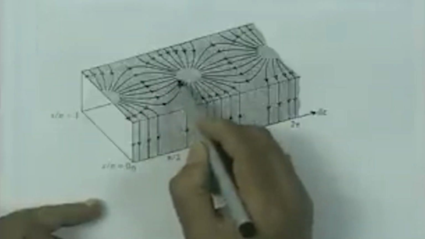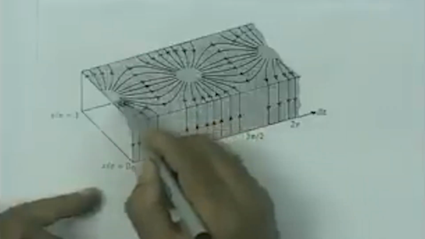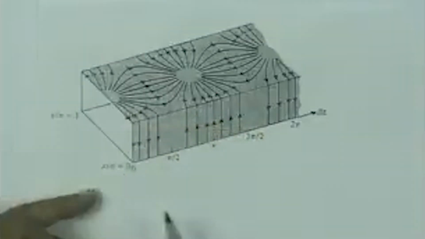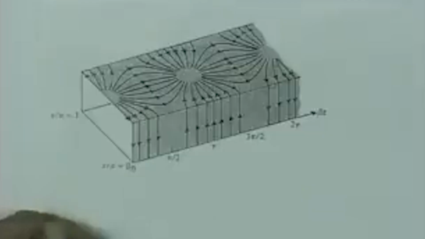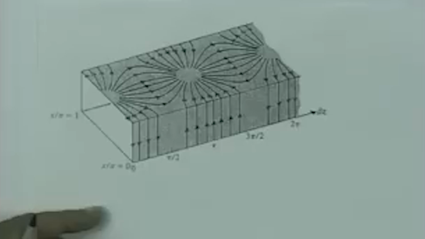The current is again 0 here, it grows, becomes maximum, again will become 0, and so on. So the current flow is like a blooming flower, and on the other side there will be a sinking kind of feeling you will get for the current. So that is the way the currents are going to get induced on the rectangular waveguide.